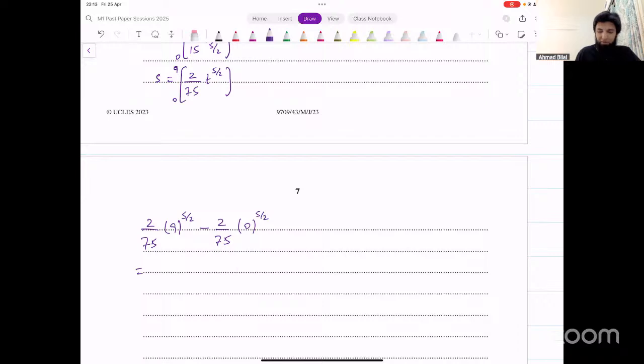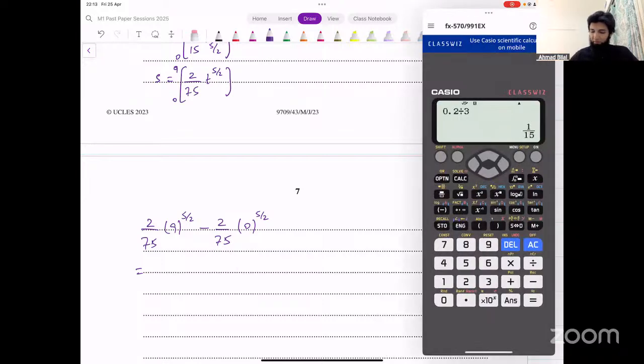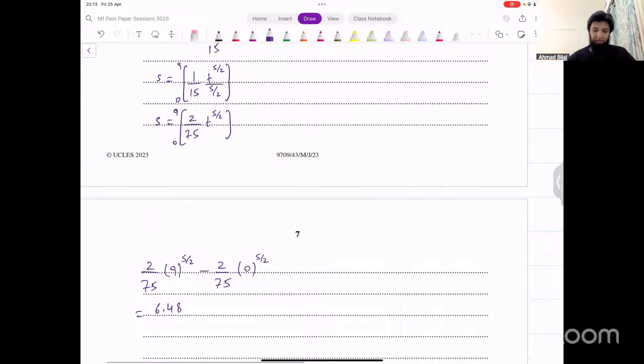Now we can simplify this and see what that gives us. 3 raised to power 5 into 2 divided by 75. That's giving me 162 over 25. Can somebody confirm this as well? That's what we get, right? 6.48. That's the distance traveled in the first 9 seconds.